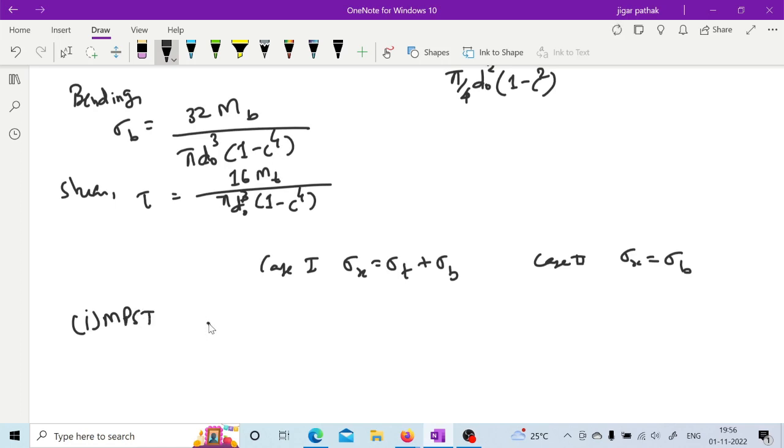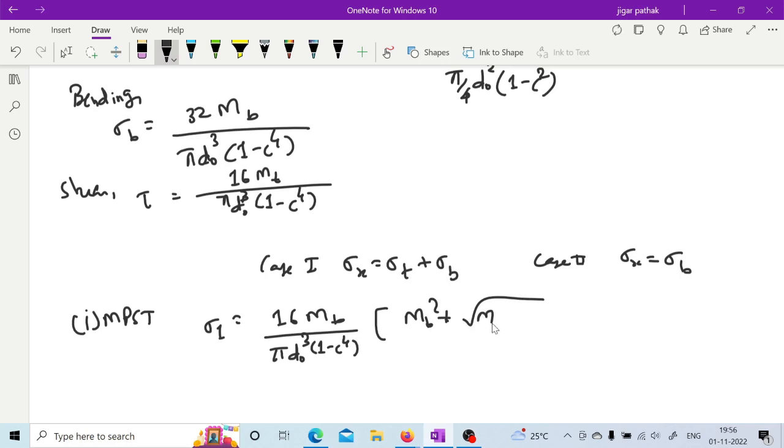In case of MPST, your sigma 1 is equal to 16 MB upon pi dO cube times 1 minus C raised to 4, times MB plus under root of MB square plus MT square. And again that sigma 1 is equal to SYT upon Fs.